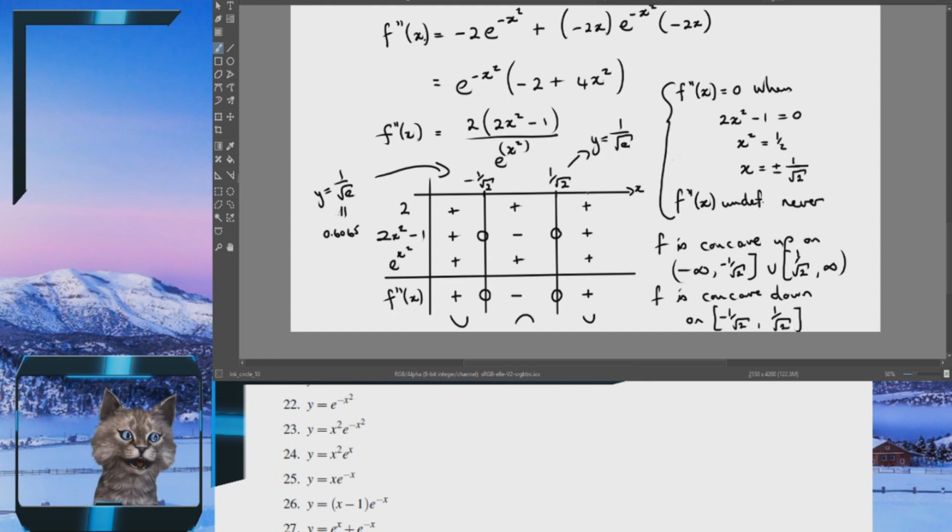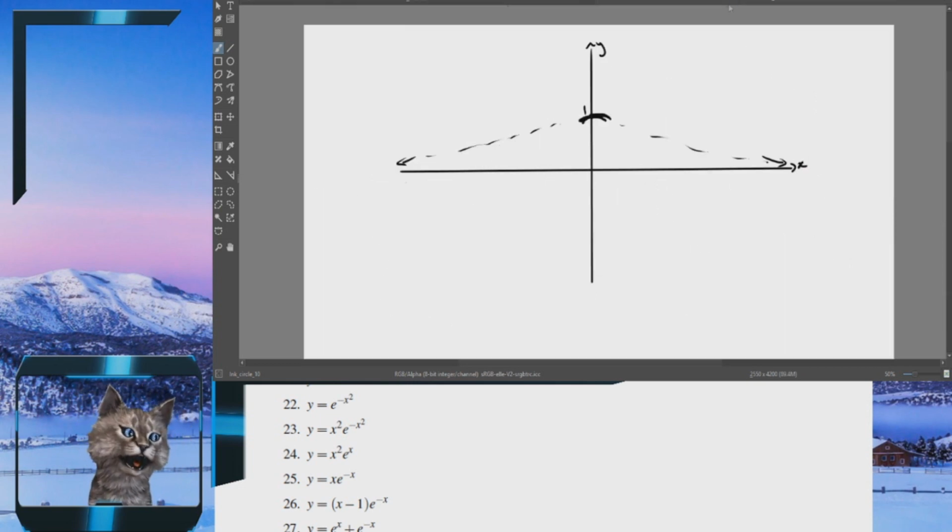Alright. So, do I have an inflection point here? Yes, they're points. The concavity changes, so there are inflection points at these x values. Let's see where this sits. So it's 0.6, right?